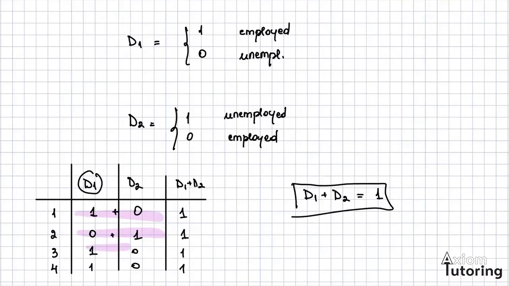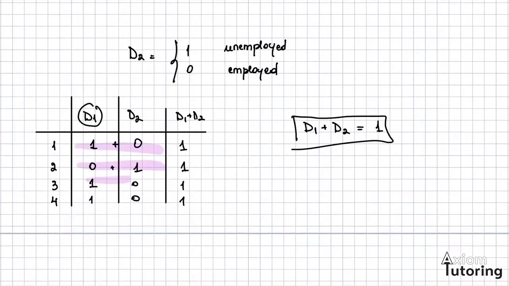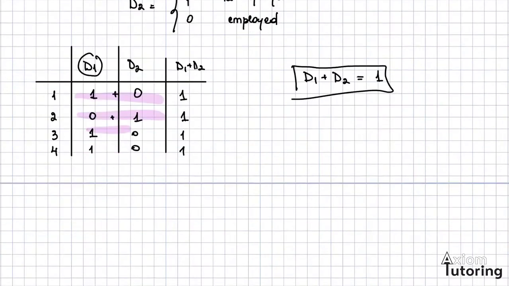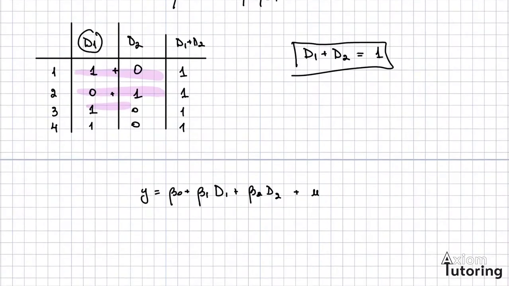Okay? Now, let's put both dummies in the regression to see how exactly things are going to go wrong, because we already know now that this is going to be all about the dummy variable trap. If we have a model, y equals beta 0 plus beta 1 D1 plus beta 2 D2 plus an error term, u. And remember, we're still under the assumption that D1 plus D2 is equal to 1.